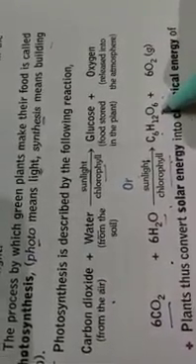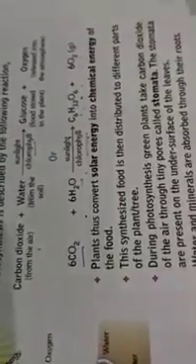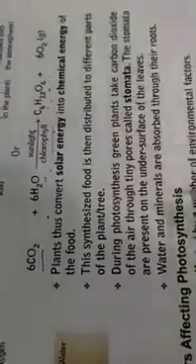Then what do they make? C6H12O6. This is glucose. They make glucose, and side by side they release oxygen gas. Plants take carbon dioxide gas and release oxygen gas, which is used by human beings and animals.